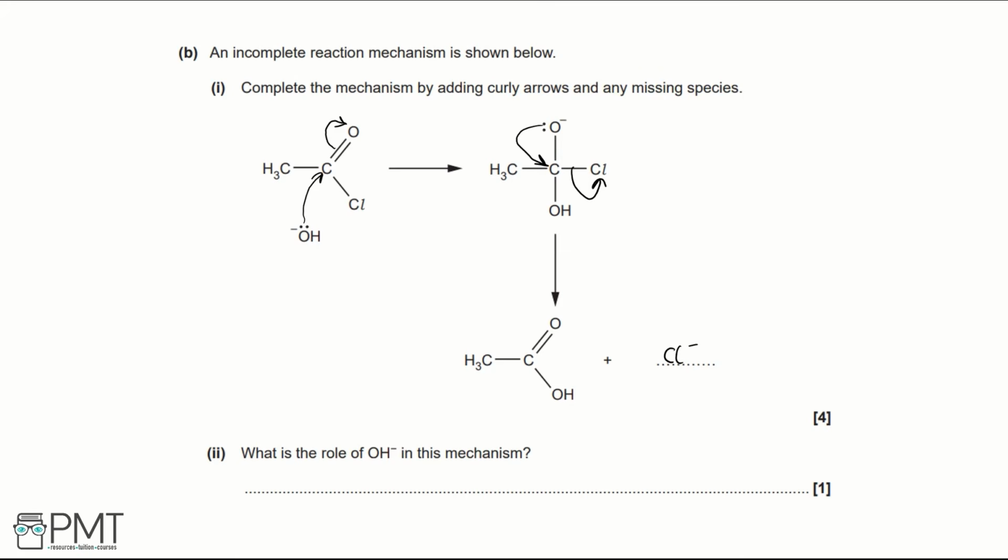For this question, you get a mark for the curly arrows in your reagent, so each curly arrow in your reagent gets a mark. Then you get a mark for the curly arrow in your intermediate going from the lone pair on the O minus to the carbon. And then you get 1 mark for having the curly arrow from the carbon to the chlorine and writing that this would produce Cl minus.